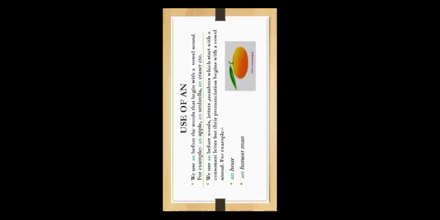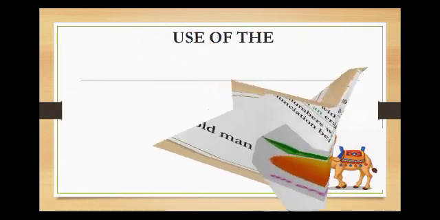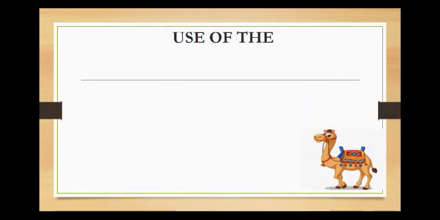Children, the next one is an 80 years old man. Over here, the number 80. When we pronounce that number, we say eighty. So again, a vowel sound is there. Now let's move on to the use of the.